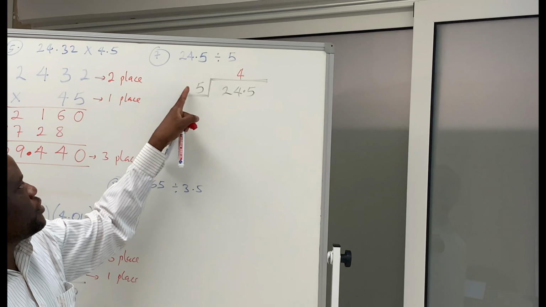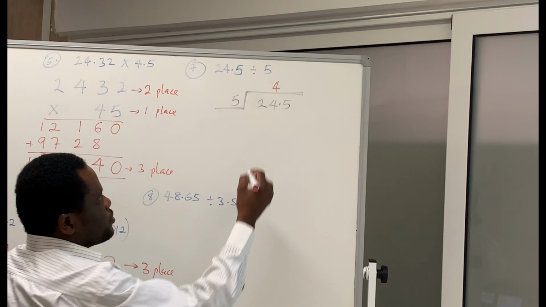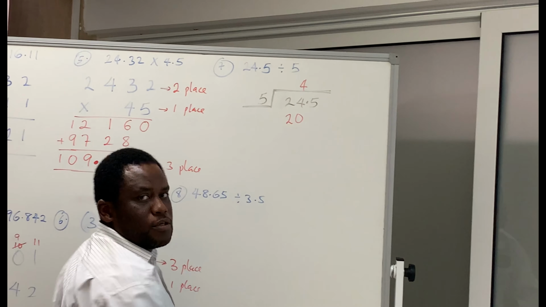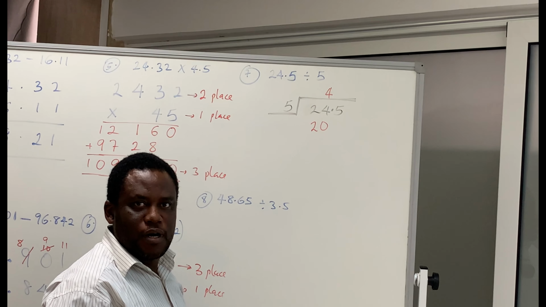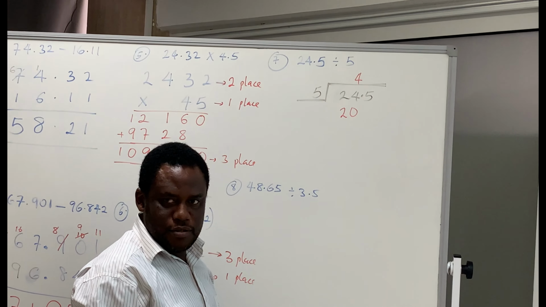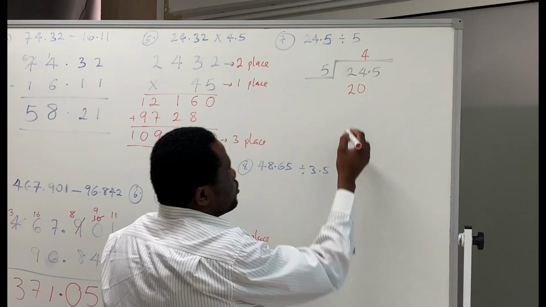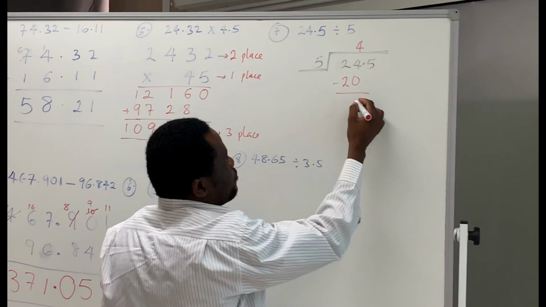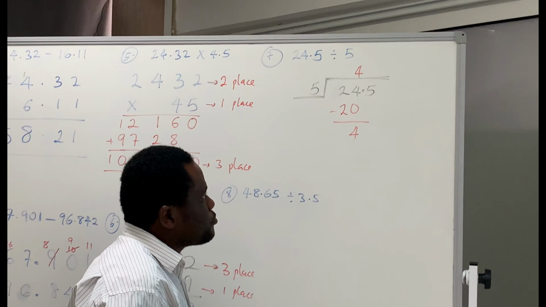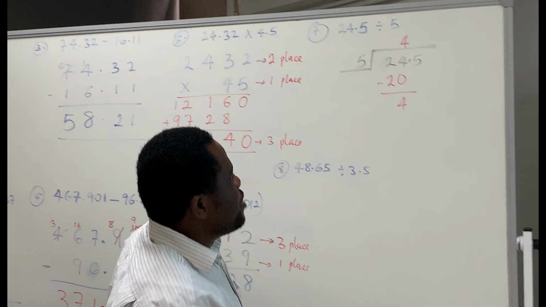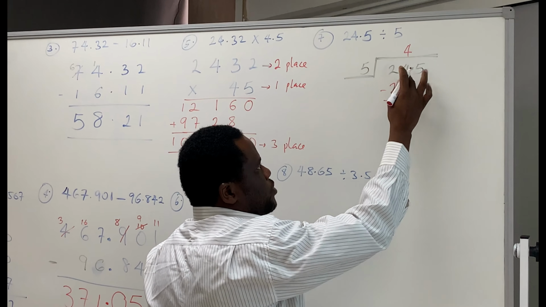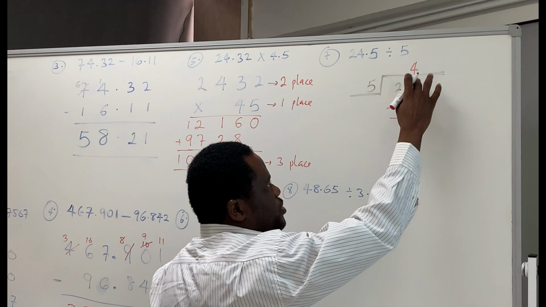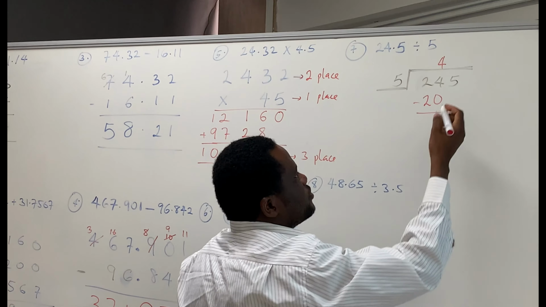Now, 4 times 5 gives us 20. Okay? It's good. So minus, we have 4 left. We drop 5. You can keep this one there, there's no problem.